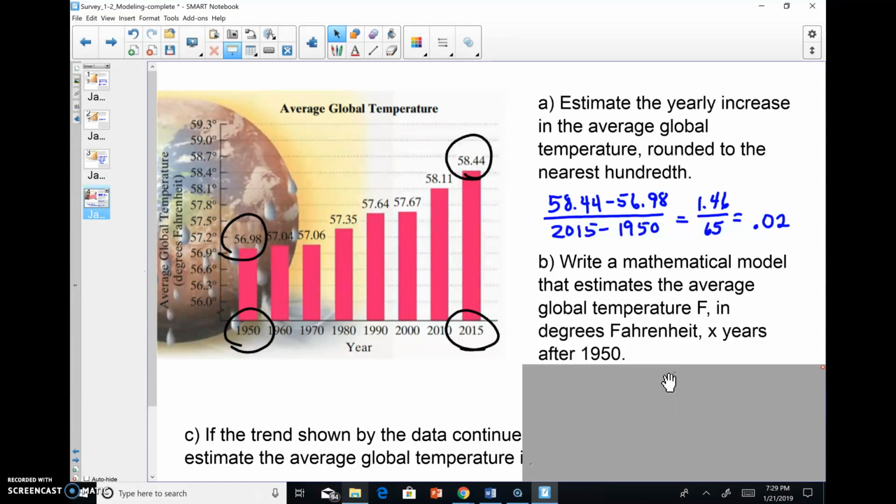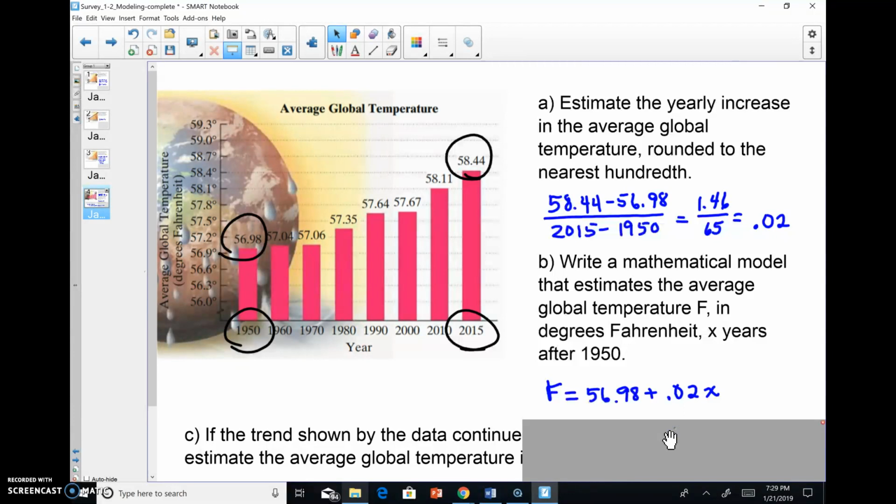Take a moment and figure out what your model would look like. I'm going to say F is equal to 56.98. That's my starting temperature, plus 0.02 times X, because every year we're going to add 0.02 degrees. And that's my model.